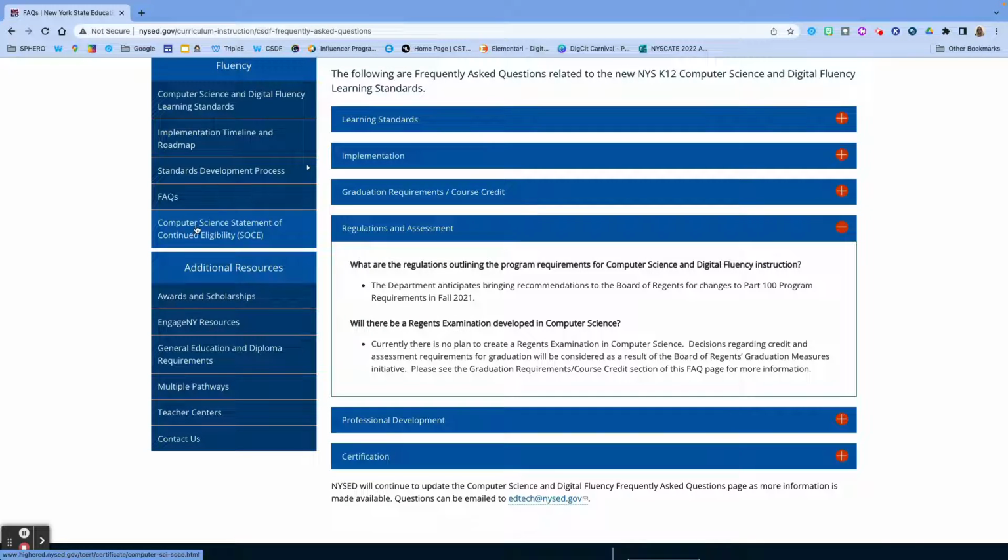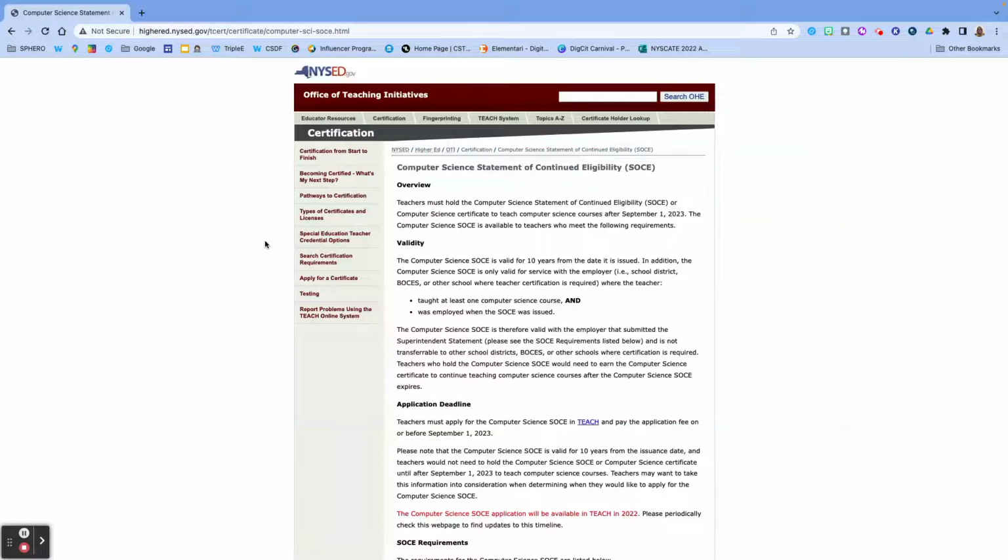Finally, there is an area for computer science statement of continued eligibility. When you click on that link, it's going to take you out to the TEACH website where you're going to get some information about getting this statement of continued eligibility. If you're teaching a course and employed in a school and you want to continue to teach that course, there is a 10-year grandfather clause that you'll be able to attain once this opens up.